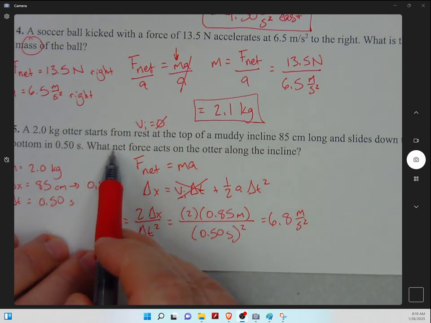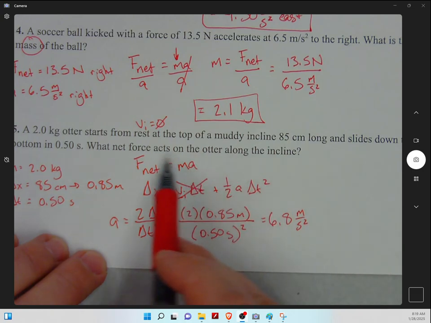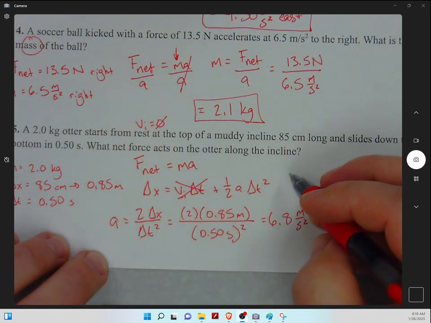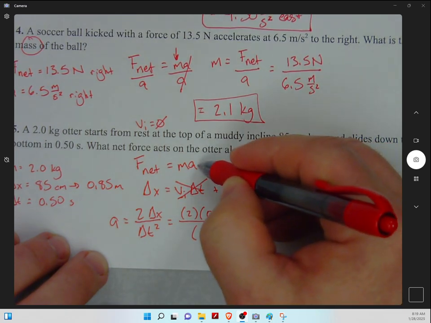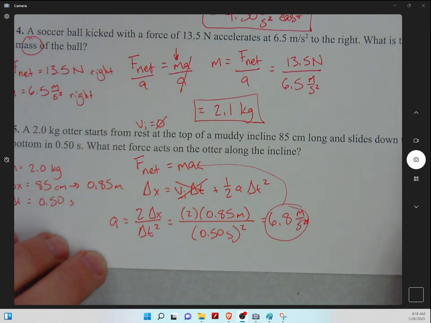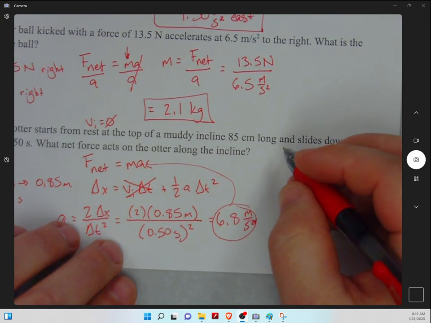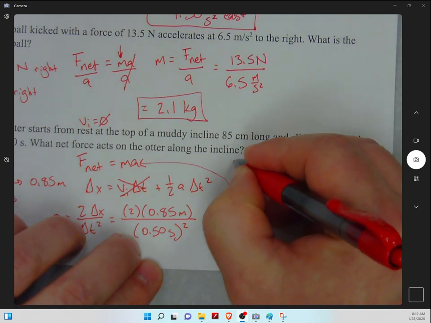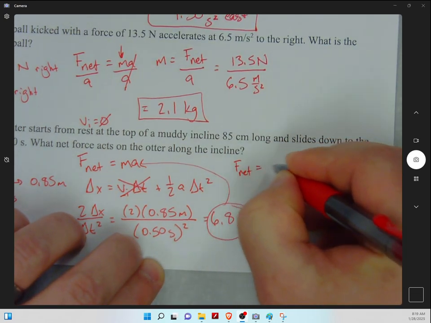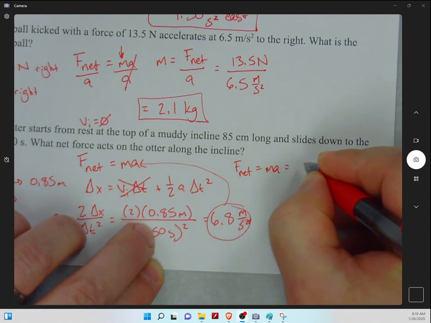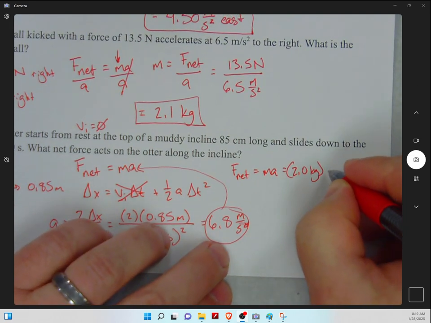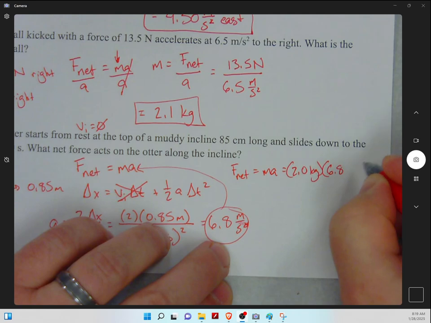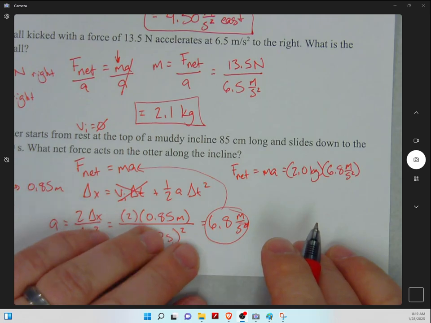Now, remember, the question is not asking what the acceleration is, it's asking what the net force is. I have calculated this value so that I can plug it in for acceleration. So now I can actually go to calculate my answer. F net equals ma, which is 2.0 kilograms and 6.8 meters per second squared.